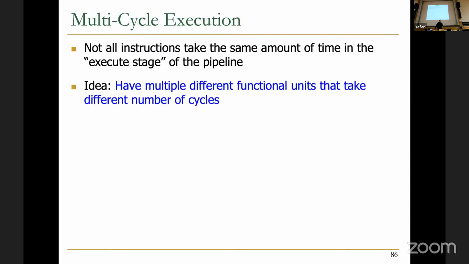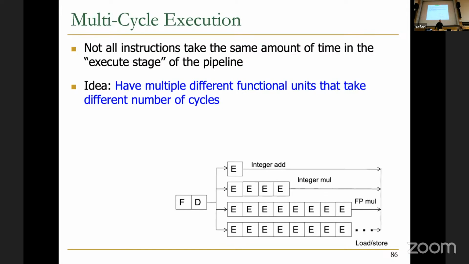In multi-cycle execution, not all instructions take the same amount of time in the execute stage. In reality, we have something like that. We have multiple different functional units in the processor that take different numbers of cycles. For example, you fetch and decode, and then depending on the instruction, you may have different latencies. If your instruction is a simple addition, your latency is going to be only 1 cycle in the execution stage.